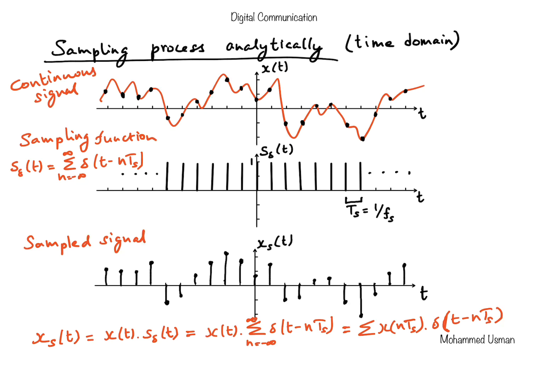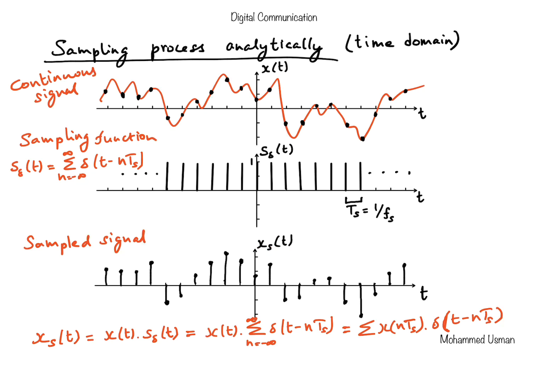So we are looking at this process in the time domain, where we have the time domain continuous signal x of t and the time domain impulse train, which we call the sampling function. When we multiply these two, we get our sampled signal, which we denote as x subscript s of t.